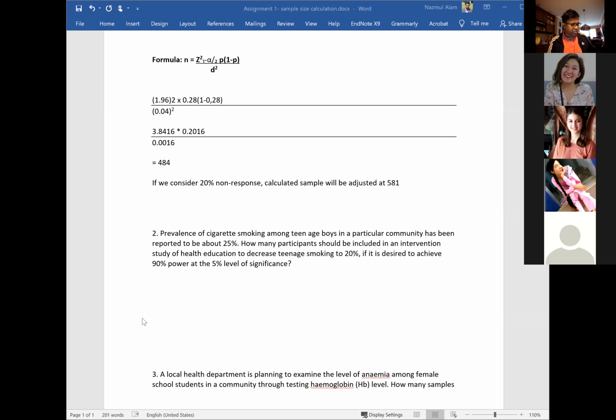What is the Z of this 90%? You need to select the value of Z of alpha and beta, both, right? Z of alpha is the confidence level, and Z of beta is power, Z of 1 minus beta.